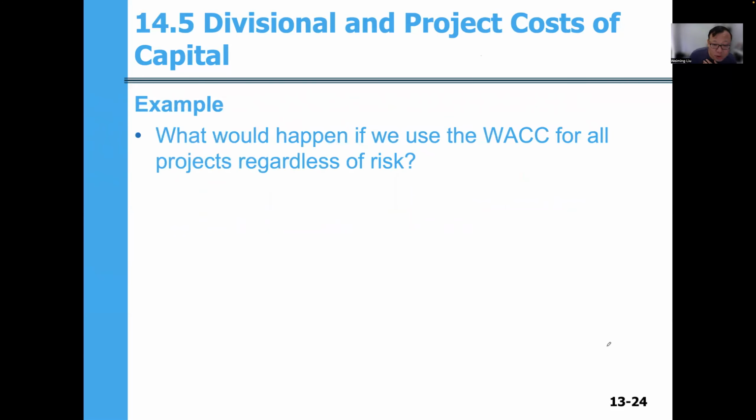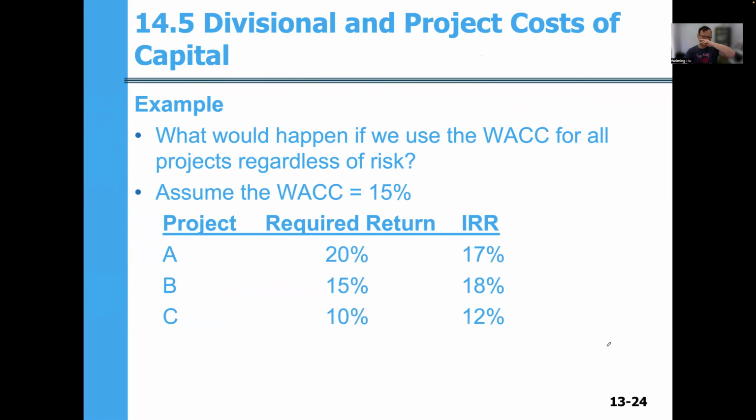So in this example, what would happen if we use WACC for all the projects regardless of the risk? If we assume that WACC is 15%, the required return for A and B is all acceptable.